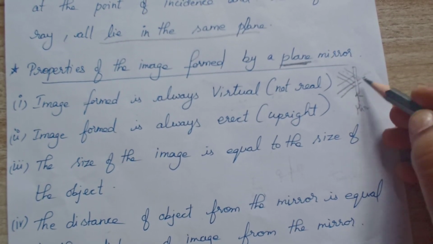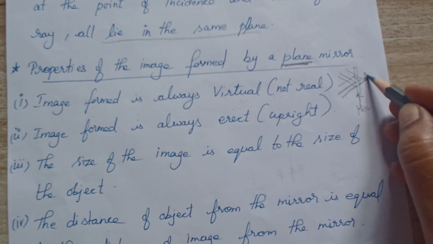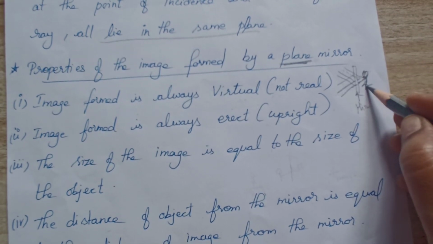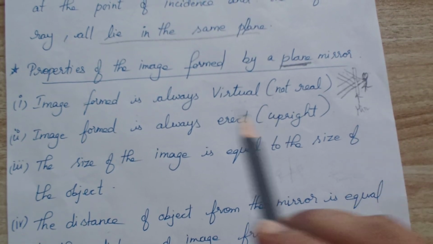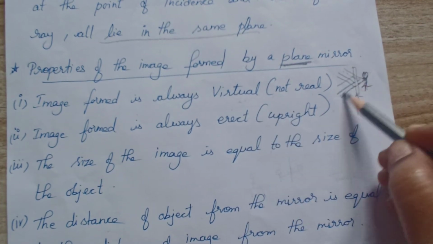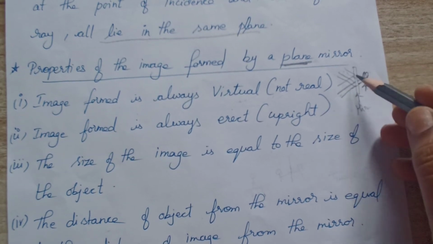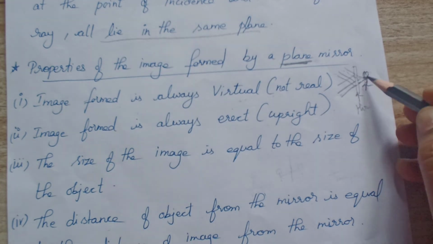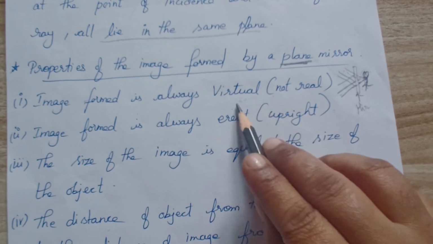We think that the image is formed here. So it is not a real one, it is a virtual one. The image formed is always virtual, not real, because the light will not pass through this mirror, it will be reflected back. We extend these lines and say it is converging here and your image will appear here. So it is not a real image, it is a virtual one.